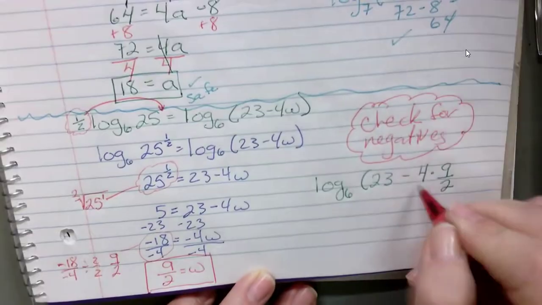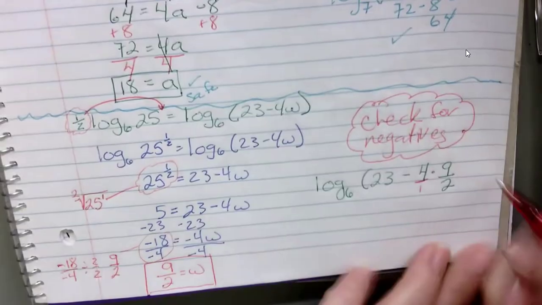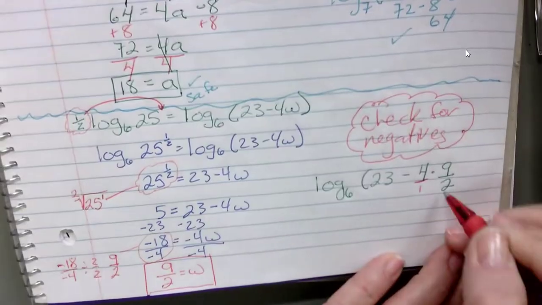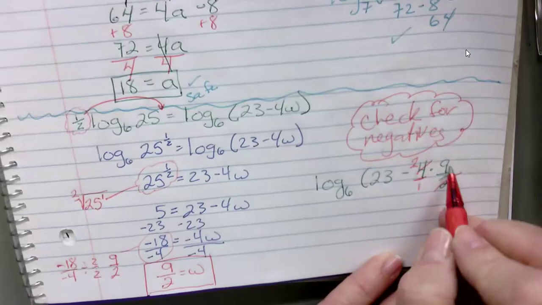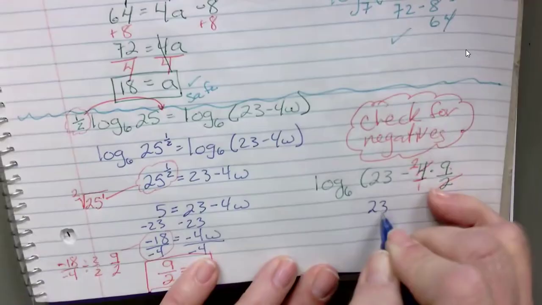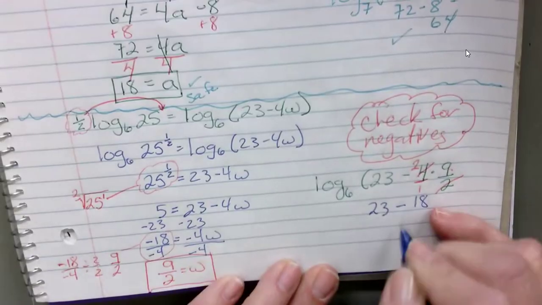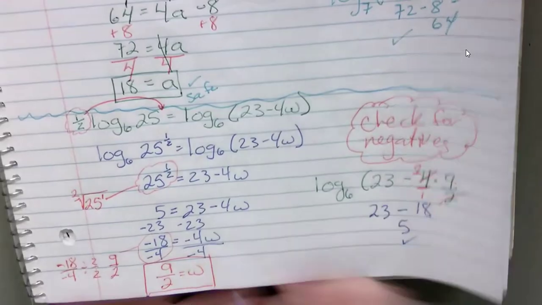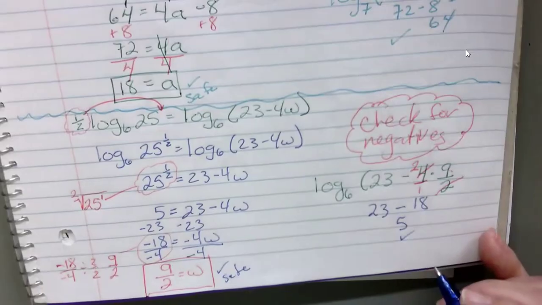I do like to make it a fraction so that my multiplying looks more logical. 2 goes into 4 twice, so now I can do 2 times 9. So we end up with 23 minus 2 times 9 is 18, and that equals 5. 5 is a positive number, so my answer checks. It is safe or valid. Pause here to copy. I'm turning the page.